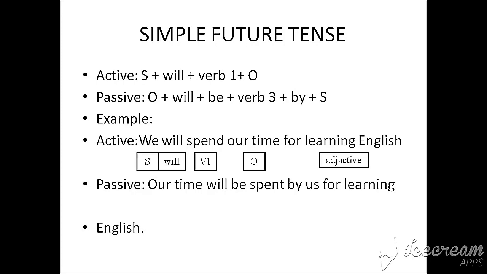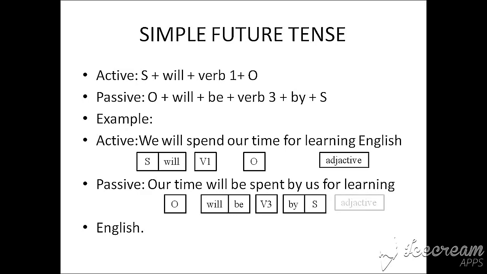So our time, even though it is an object, we put at the beginning of the sentence, like a subject, right? It is passive voice. So will be verb 3 by and the subject, with the subject becoming an object, followed by learning English. So this is the simple future tense.